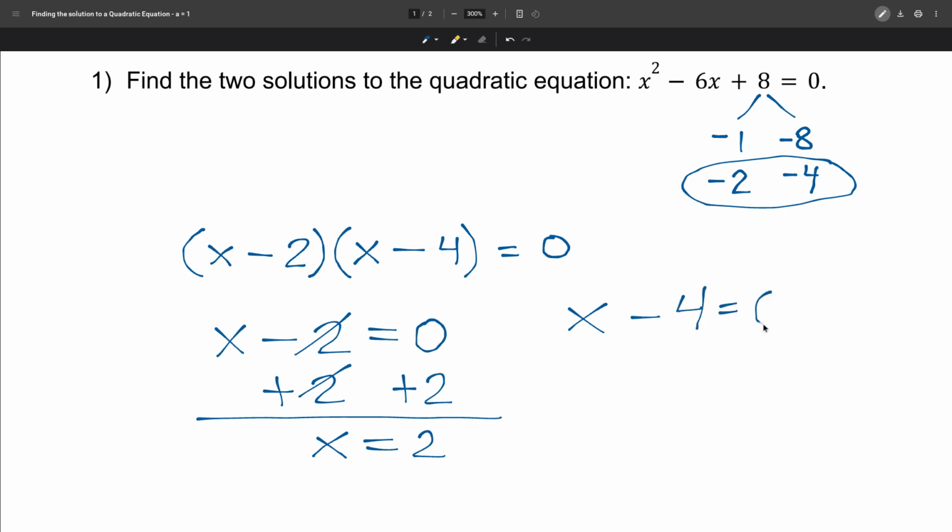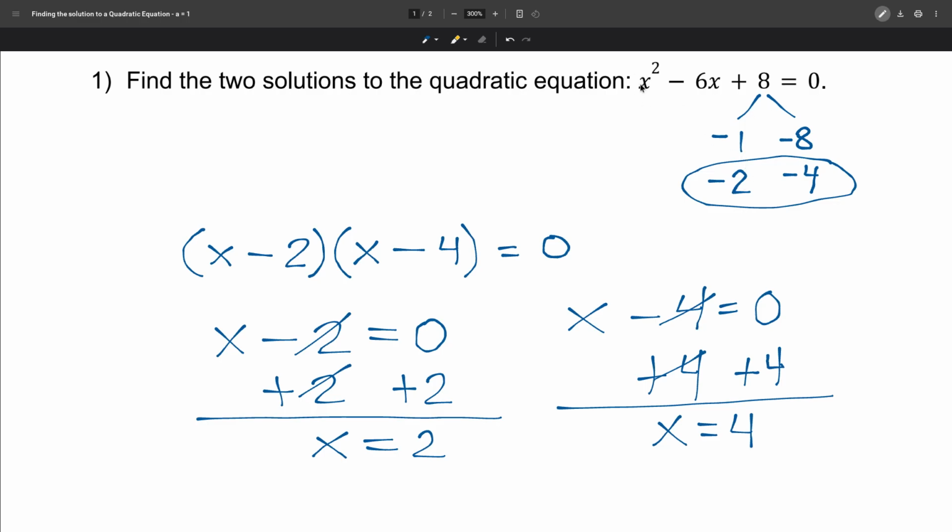We're going to add 4 to both sides. 4 minus 4 is 0, and we'll get x equals 4. So our two solutions are x equals 2 and x equals 4. And that's the two places where this parabola crosses the x-axis.